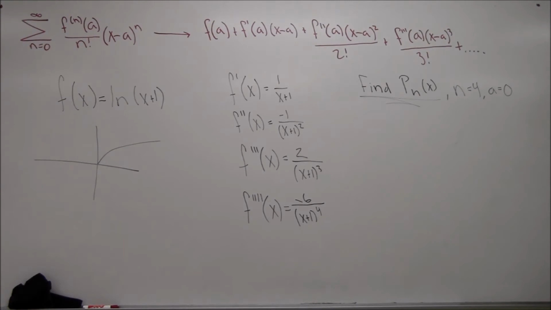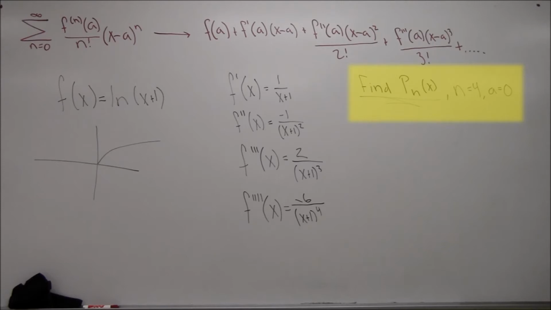Let's take a look at what Erik has so far. First, we'll take a look at the derivatives. They show that f prime of x is 1 over x plus 1, f double prime of x is negative 1 over x plus 1 squared, f triple prime of x is 2 over x plus 1 cubed, and the fourth derivative of f of x is negative 6 over x plus 1 to the fourth.